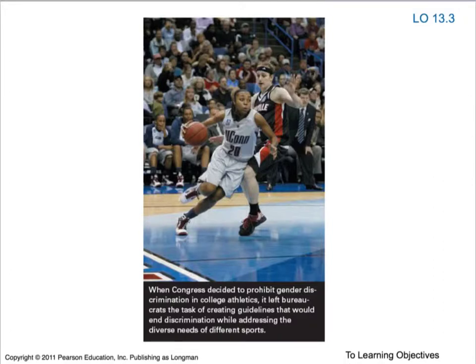So Title IX is the part that says that women have to get equal representation in sports, in college sports and high school sports, just as much as the men do. And when they decided to prevent gender discrimination in college athletics, it left bureaucrats the task of creating guidelines. And so we've had to go through a shakedown period. But now there's no one in college athletics who doesn't acknowledge that Title IX has worked.